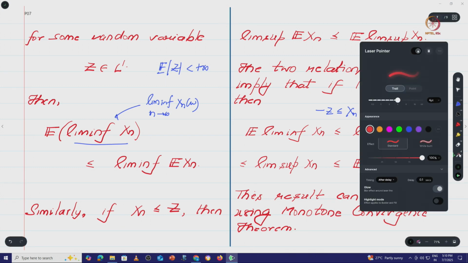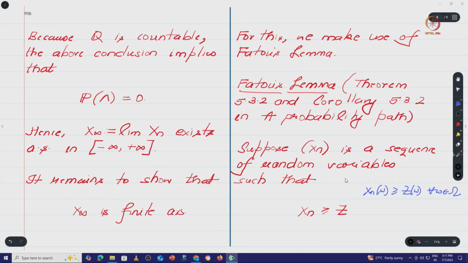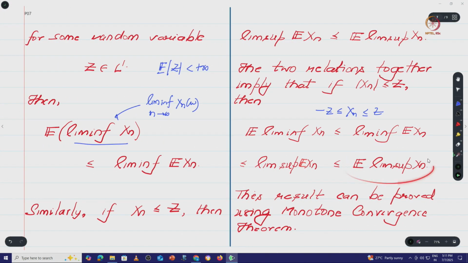We can conclude that the expected value of the lim inf is less than the lim inf of the expected value of xn, and for any sequence of real numbers we know that the lim inf is less than or equal to the lim sup. From the second part of Fatou's lemma we know that the lim sup of the expected value of xn is less than the expected value of the lim sup of xn.